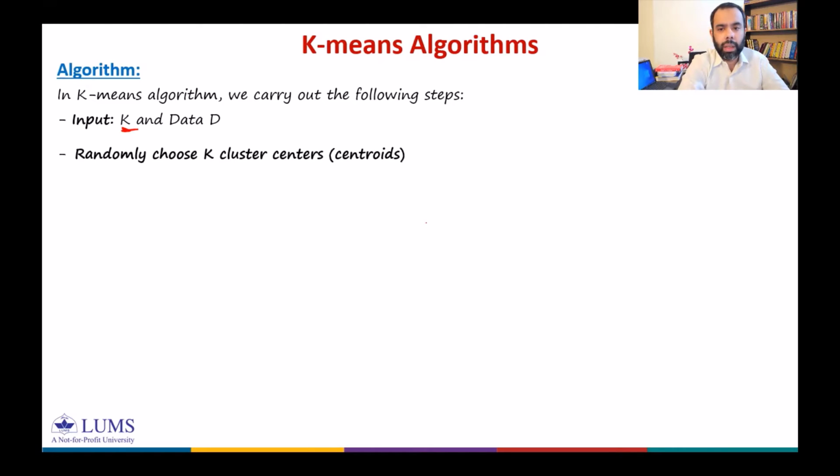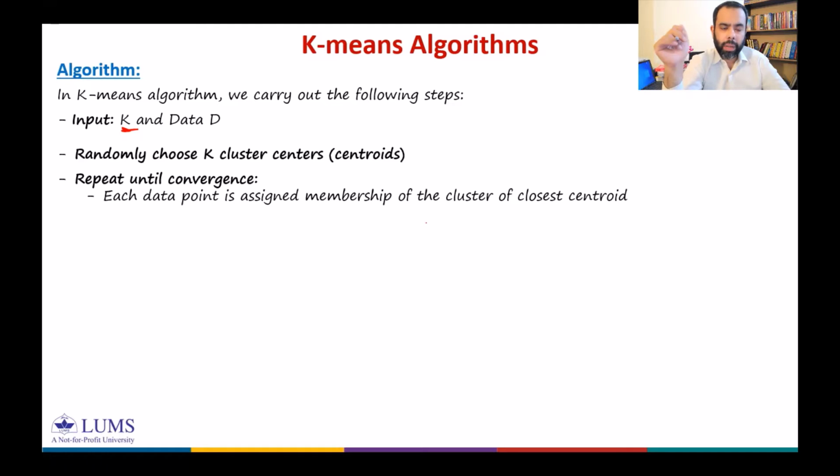And after this initialization, we iteratively run the algorithm until convergence. So we iteratively run these two steps. First of all, each data point is assigned membership of the cluster of the closest centroid. So we initialize centroids, and each centroid characterizes a cluster.